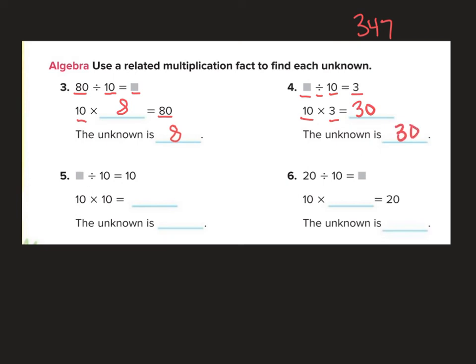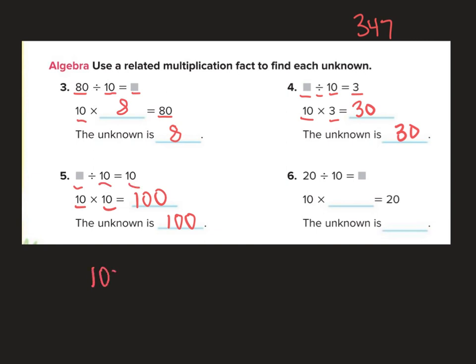So what divided by 10 is 10? Again, we don't know the biggest number, so I have to do 10 times 10. What are 10 tens worth? You can count them out: 10, 20, 30, 40, 50, 60, 70, 80, 90, 100. Oh, sorry, 100. 10 tens make 100. The unknown is 100. So if I take 100 divided by 10, I'd get 10.